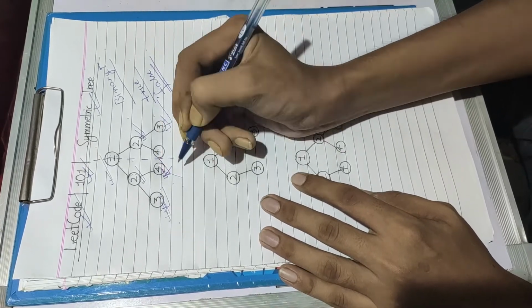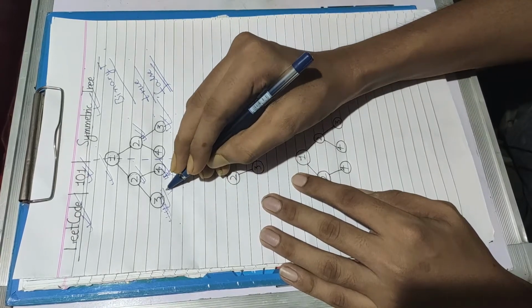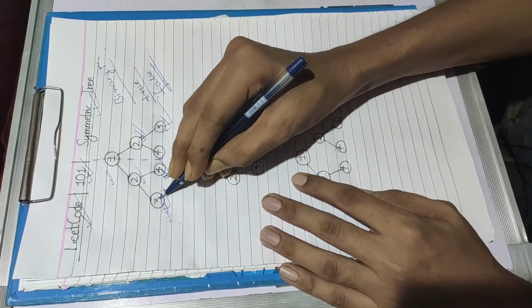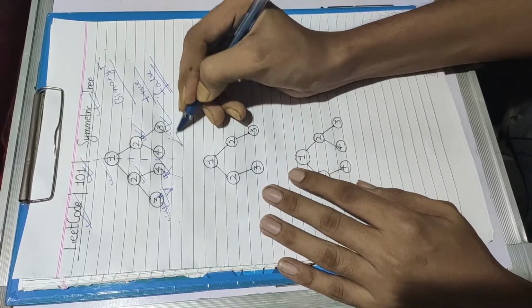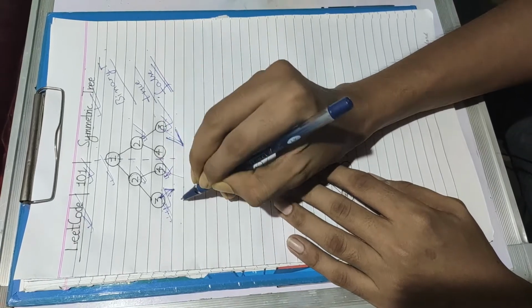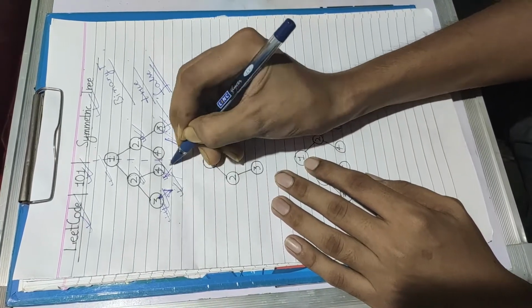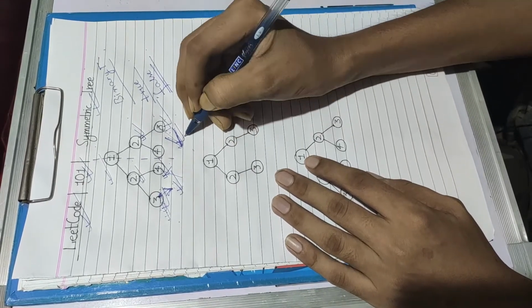So the right hand side of 3 is also null, and if we check the right hand side, we will compare it to the left hand side of the other side. The right hand side of 3 in here is null, and the left hand side of 3 in here is null.